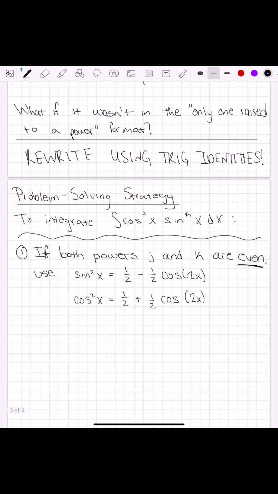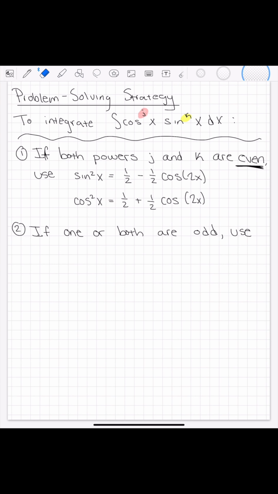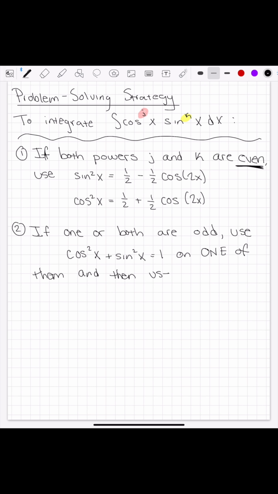That's if they're both even. Now, if one or both are odd, you're going to use the trig identity cosine squared x plus sine squared x is 1 on one of them, and then use u-substitution. So these are the general rules that we will use.